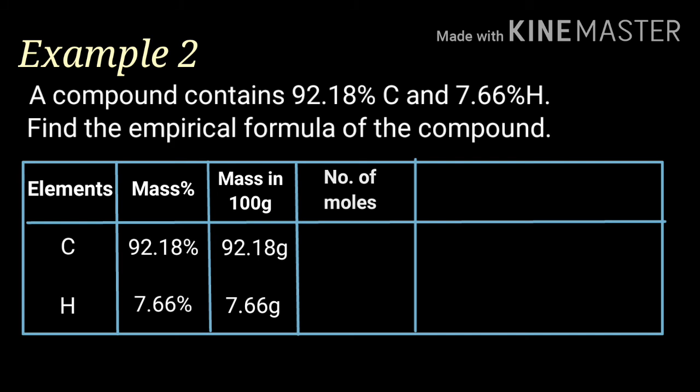Their number of moles are 92.18 divided by 12 for carbon, which is equal to 7.68. For hydrogen, the number of moles is equal to 7.66 divided by 1, which is equal to 7.66.